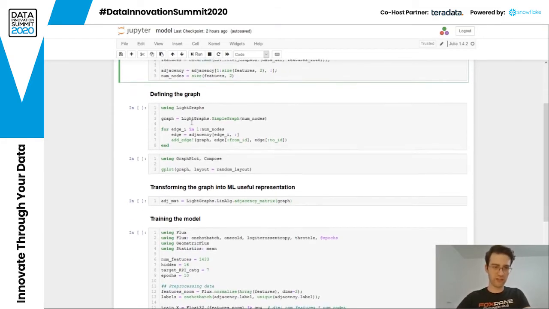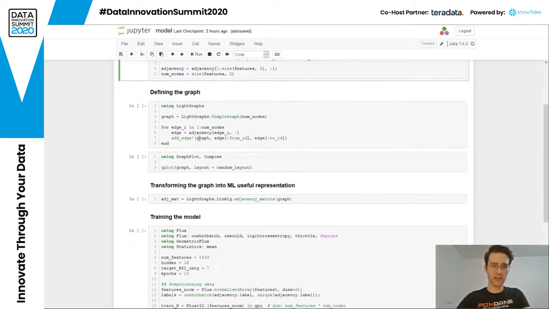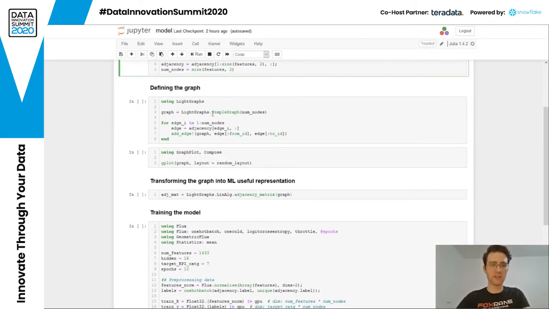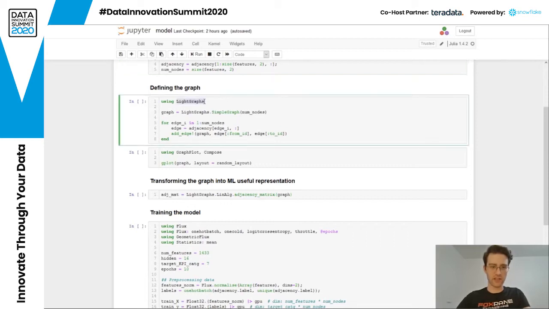And now that we have read those two files, we can go ahead and create the graph. To do that, we will use another package called LightGraphs, which is a very lightweight package, and it is developed with that aim in mind. It is very easy to use, and it is very easy to integrate into other packages.